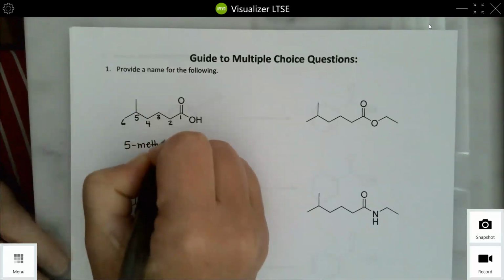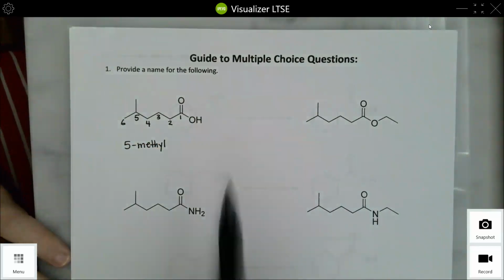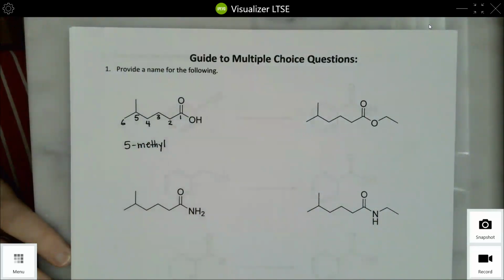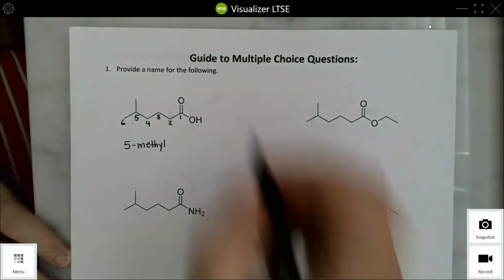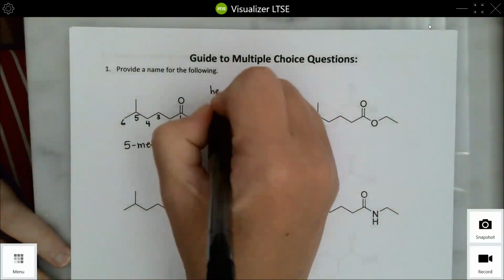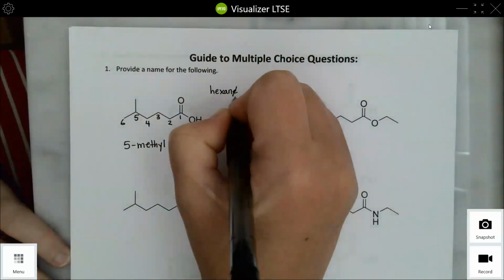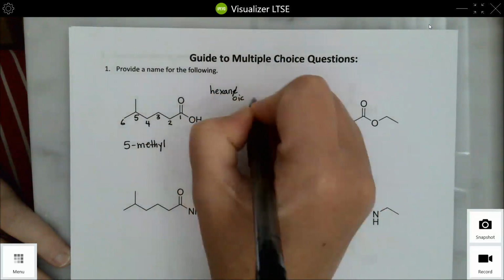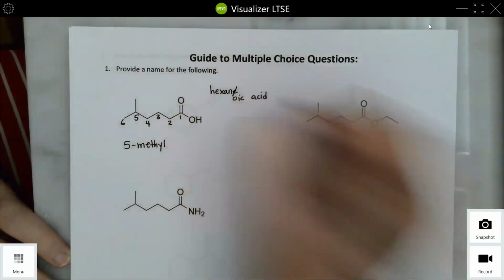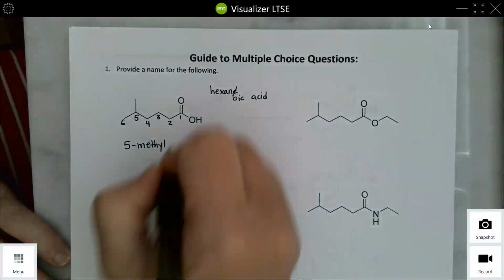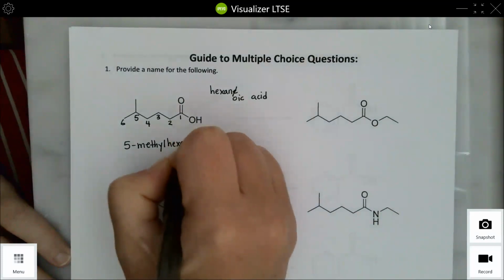And then if this was an alkane, since it's 6 carbons, we would write hexane, but it becomes hexanoic acid. So you can think of starting with hexane, dropping the E and adding the "oic acid". That's how we get to the name. So hexanoic acid.